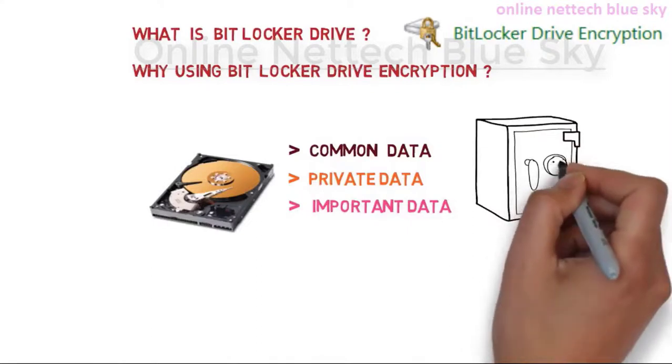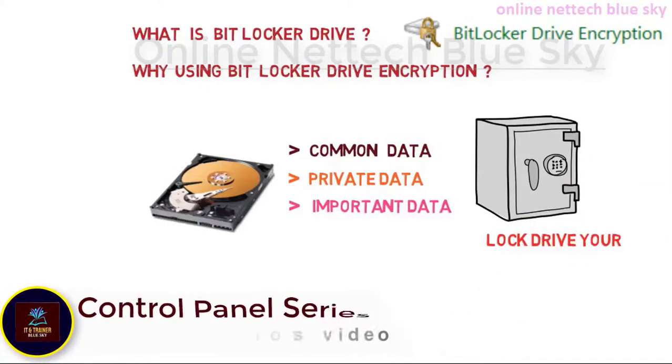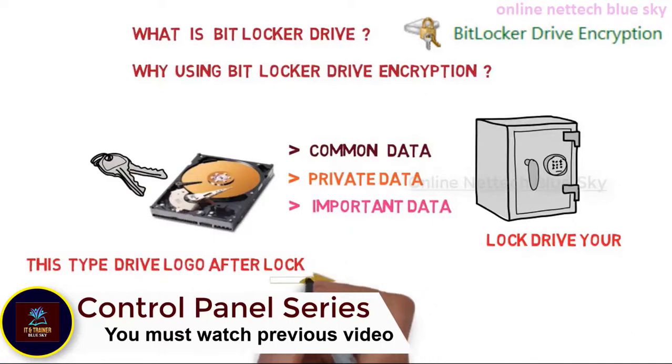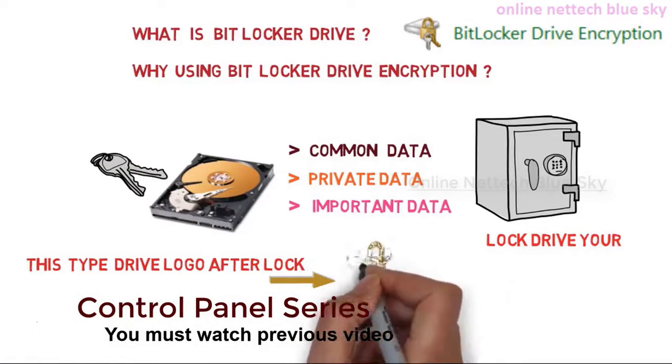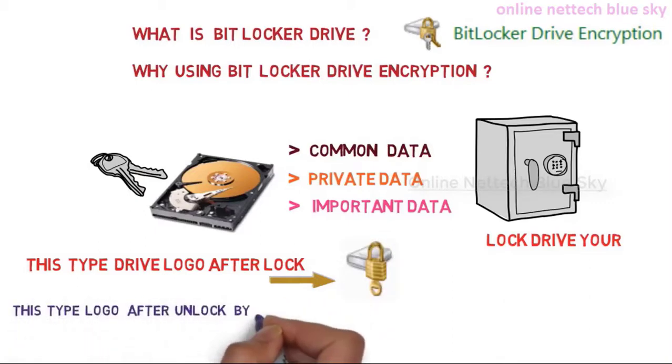You open it here. This is a locked drive. A locked drive means BitLocker is one type of lock, not a computer lock, it locks your partitions only. This keeps your computer safe, and it is very important for your systems.